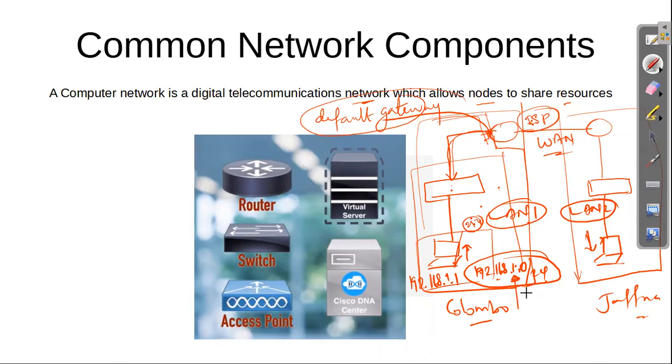All those things will be discussed in the IP addressing part. First, we will finish our basic things, that means common network components, and then move on to that section. Why? Because IP addressing is very important. From the beginning, we need IP addresses to explain the network setup.